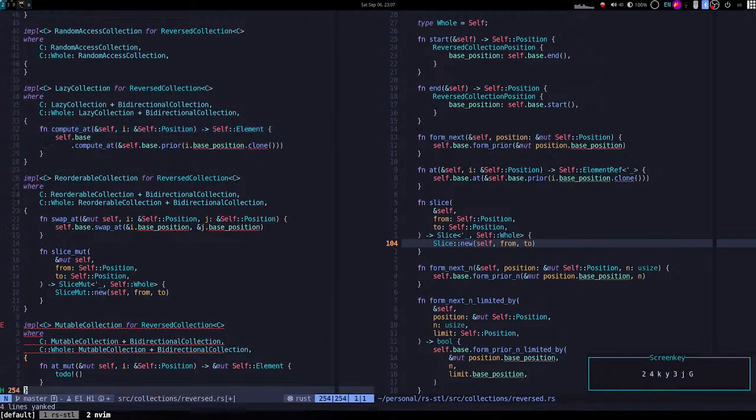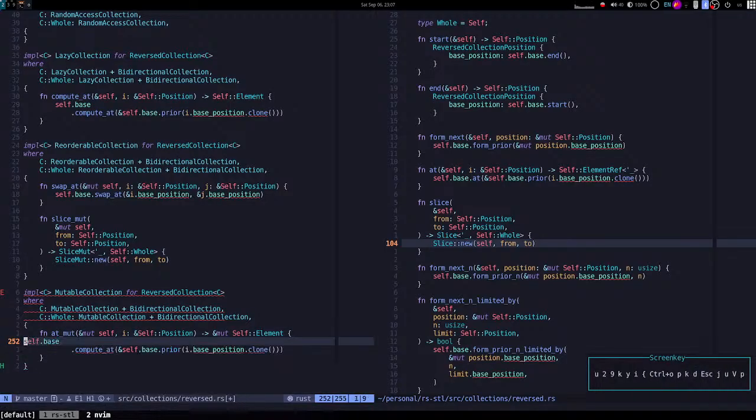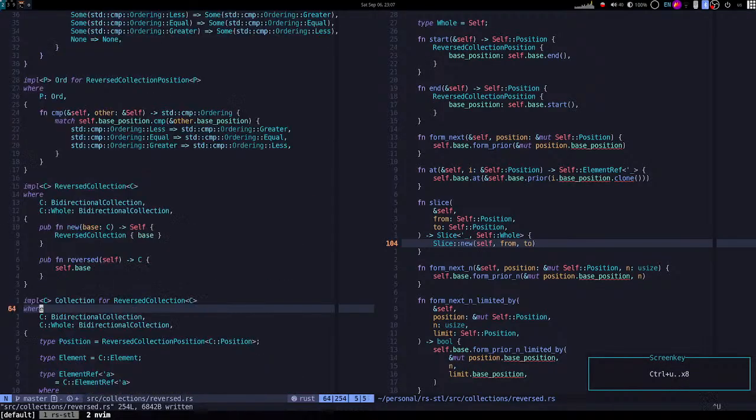Oh, not that way, not this way either, this way, but not compute at mute, at mute. And that's it. This is all we have.